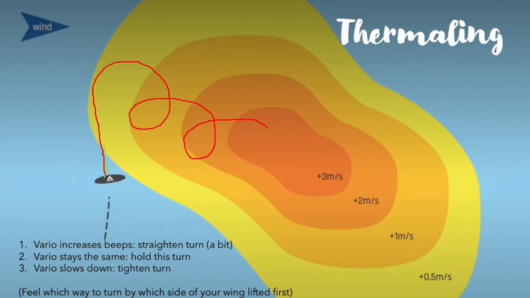So the rule guides you slowly towards where the lift is highest, and you can always keep on doing that. While you do that, it's a continuous process. Even if you find the area where the most lift is, in this case 3 meters a second, let's assume that means you are going 3 meters a second up, that core moves with the wind.